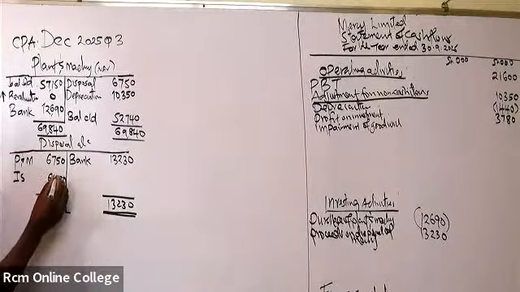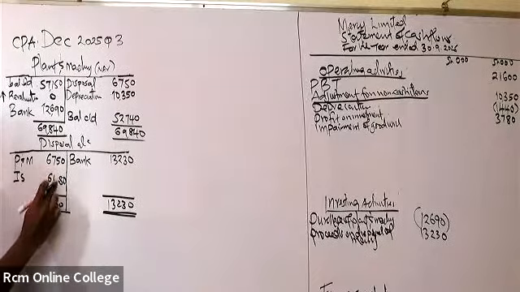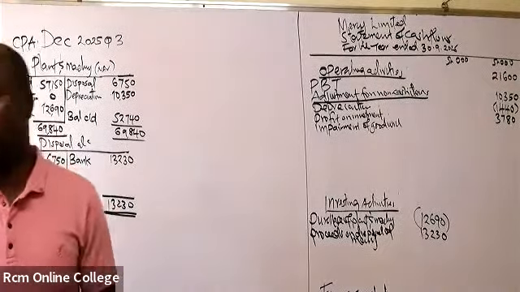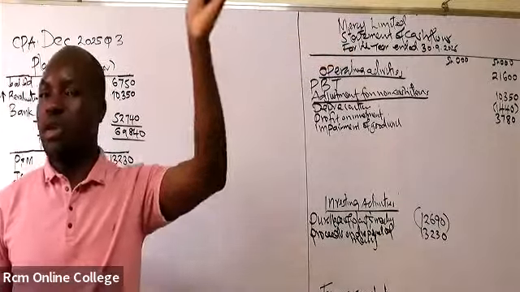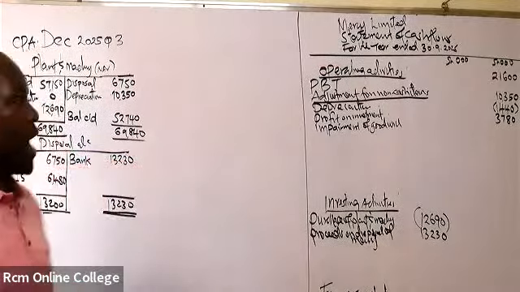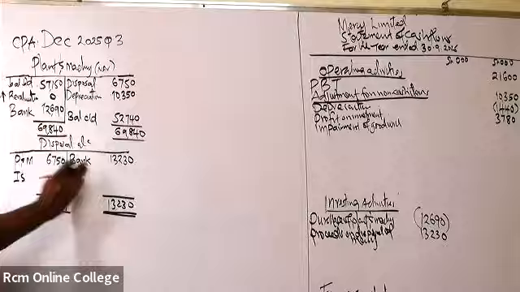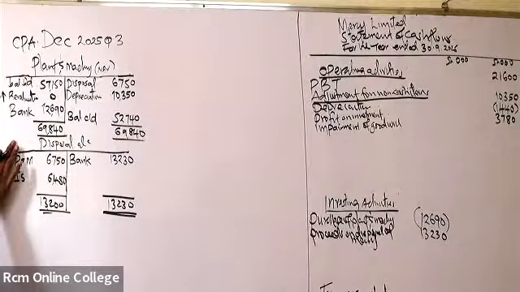6,480. Good. I hope I'm addressing someone who has been taught double entry. For every debit, there must be a credit, right? Now, this item being taken to the income statement, in the disposal account, I have debited it, right?